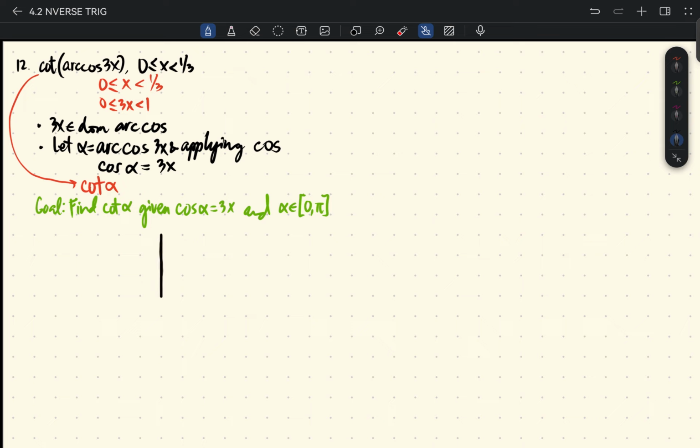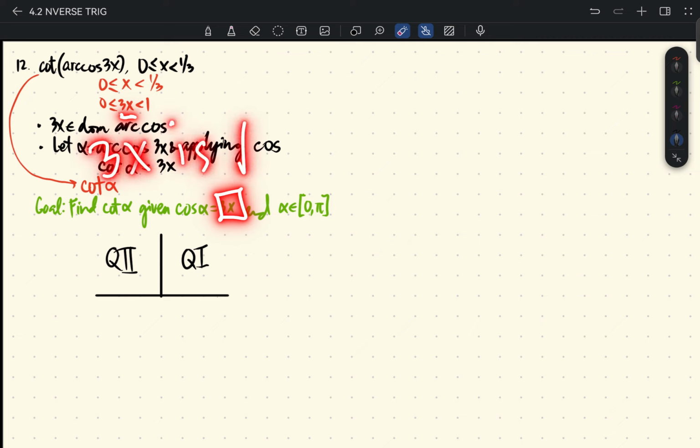Now let's see, if your alpha is in 0 to pi, we are looking at quadrants 1 and 2. And furthermore, what did we say about 3x? 3x is greater than or equal to 0. So 3x is not negative.